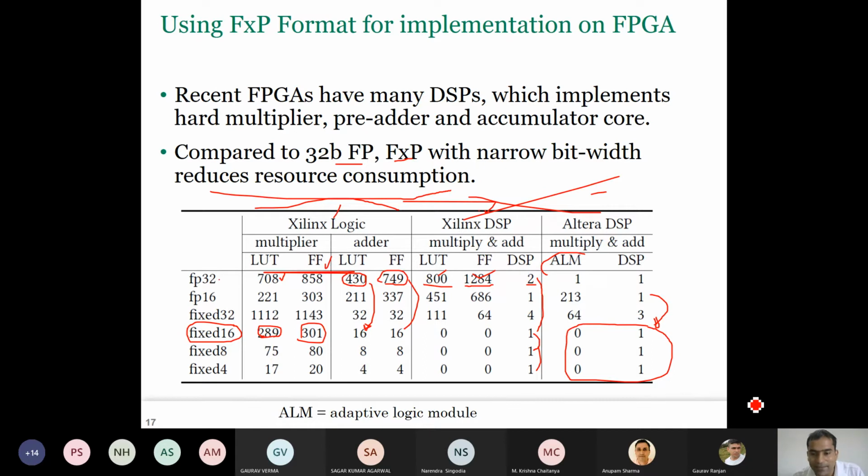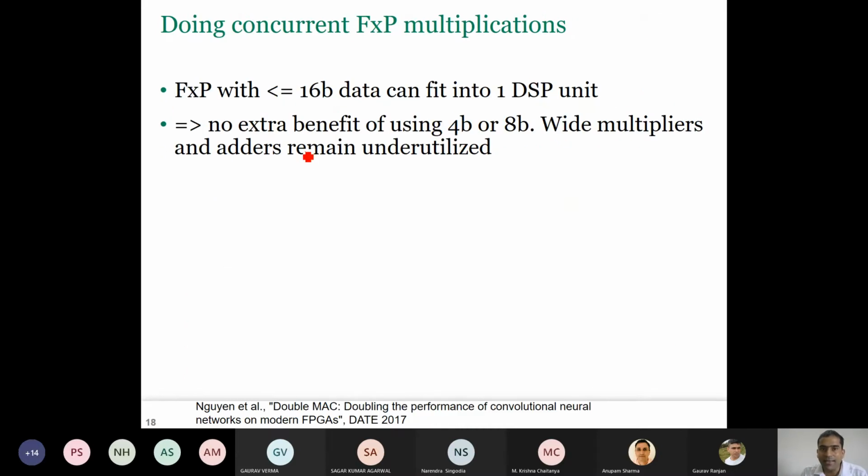But how can we achieve advantage if we want to go further from 16, to 8 and towards 4? How to have further resource saving? That is the same point that they have observed. There is no extra benefit on using 4-bit or 8-bit because you still have to use the whole DSP. That means wide multipliers and adders remain unutilized.